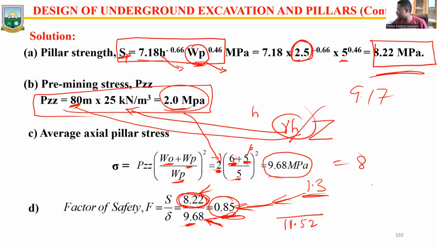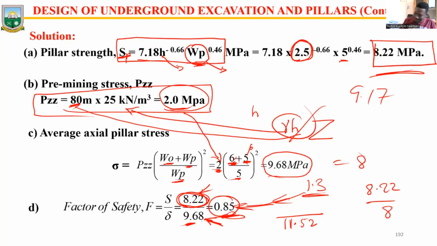So it means we have 8.22 over 8. We are likely to make a headway, divided by 8. We have 1.02. So let's make it 0.3. But at least there have been some improvements. That means if we keep reducing the room, but reducing the room also means forfeiting your ore. Right? So those are some of the things you can do.